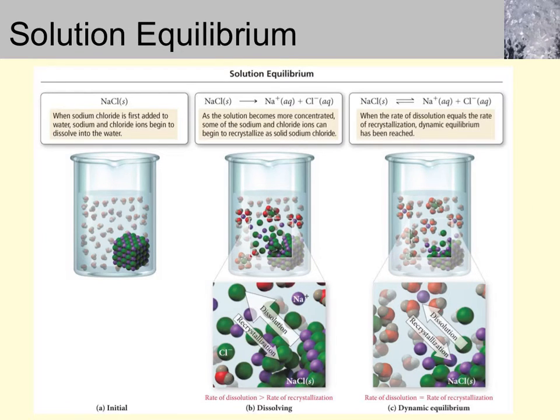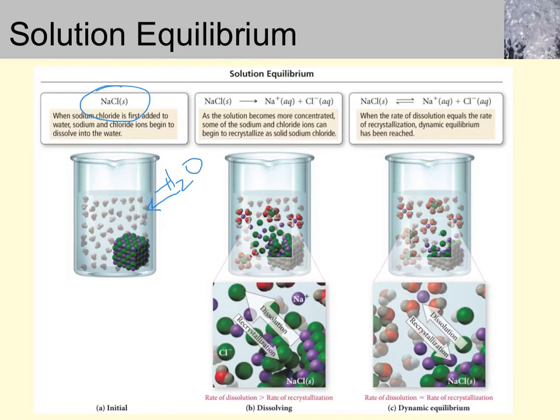So here's a visual of equilibrium I just talked about, if you're more of a visual learner like me. It shows on a molecular scale what goes on when you're dissolving something. In the beginning, when you first introduce something like sodium chloride salt to water, these little things are water molecules, H2O. Get familiar with what they look like.